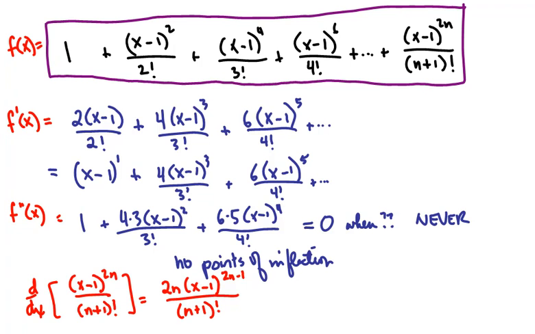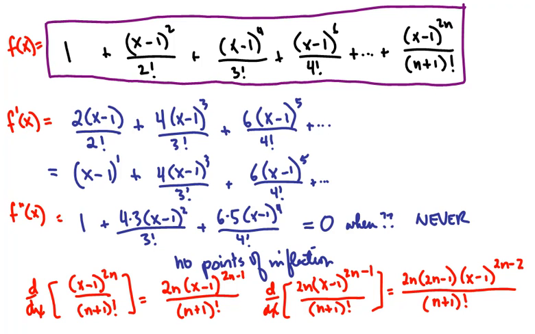That's basically a constant. And that would be the first derivative, and then the second derivative would be again to bring down the 2n minus 1 and make that a factor, so we have 2n times 2n minus 1 times x minus 1 to the 2n minus second power all over n plus 1 factorial. And that would be the general term.